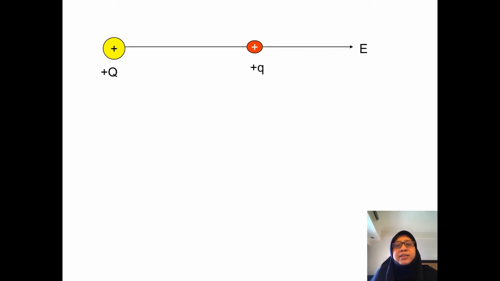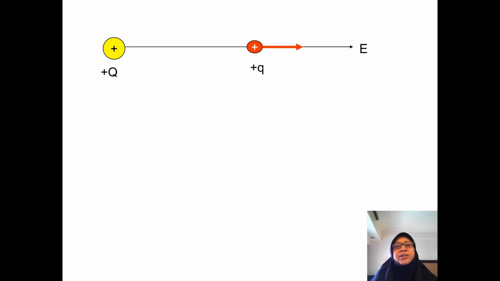This is a test charge, positive q. If we put this test charge here, what happens? This charge will experience a force. If no charge is here, we don't know whether there is an electric field in that region. So if we put a test charge, we know that it experiences a repulsion force because it is positive.